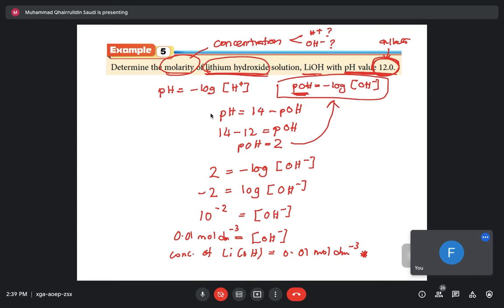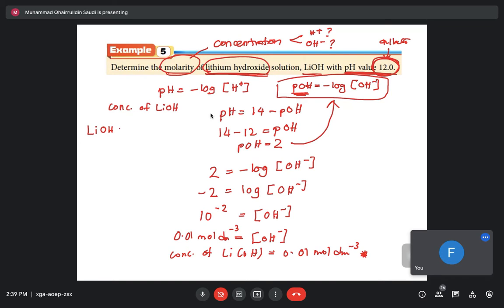Ada soalan? Do you have any question? Teacher, Yes. Kita kira ni untuk cari hydroxide ion lah. Ya, kita cari hydroxide ion. Why? Kenapa kita cari hydroxide ion sedangkan question tanya concentration of lithium hydroxide? Sebab kita tahu, kan kita dah buat ionization equation.